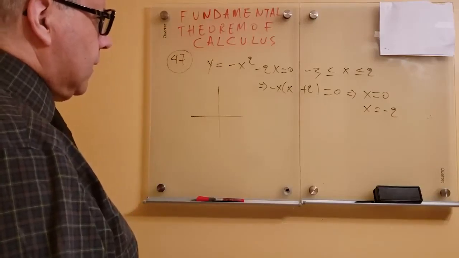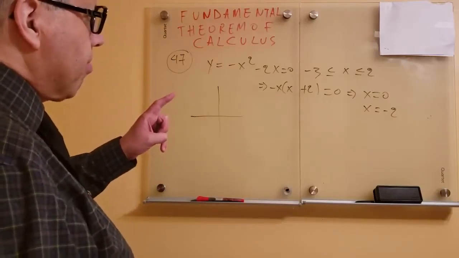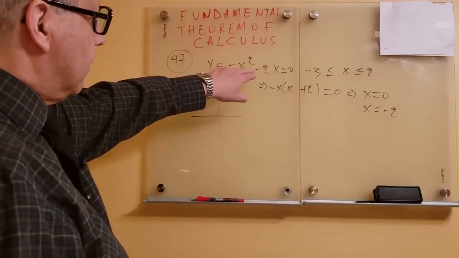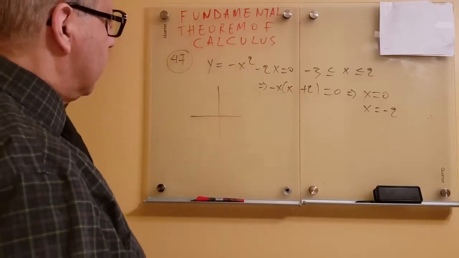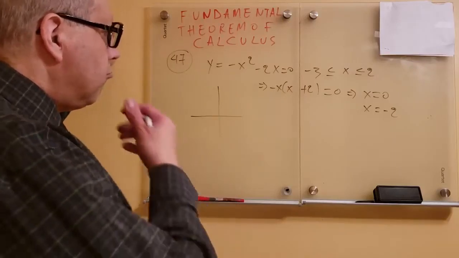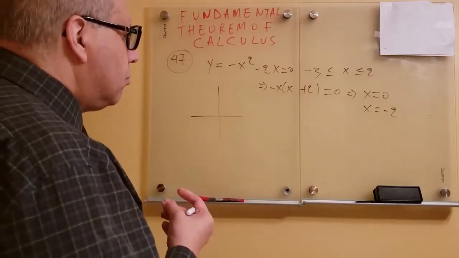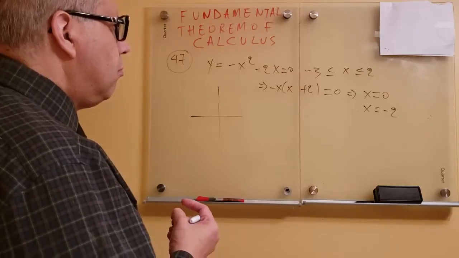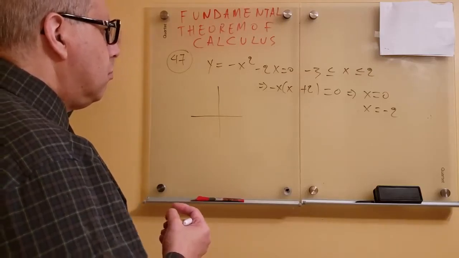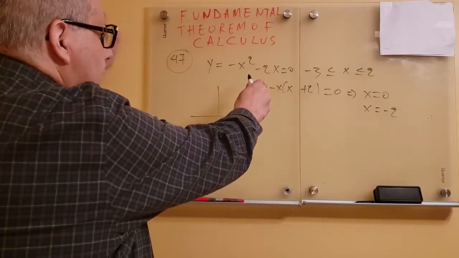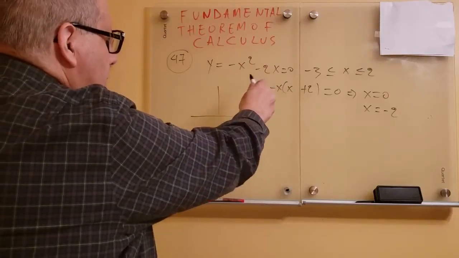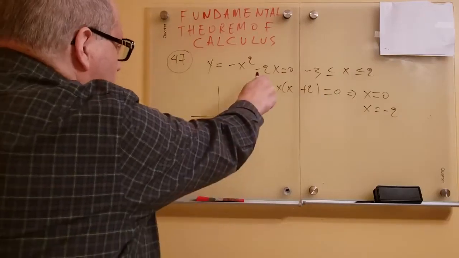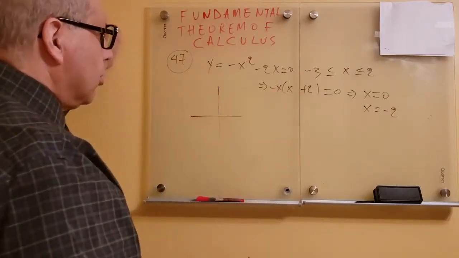Also this graph passes through the origin, because if you set x equal to 0, you have that y is equal to 0.